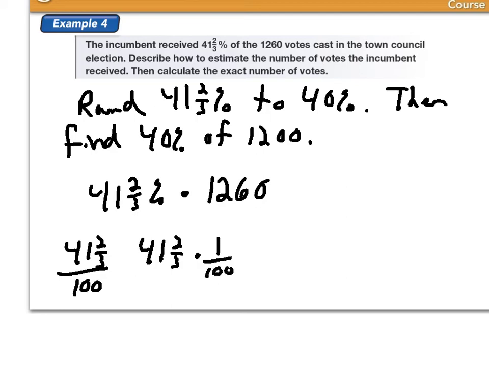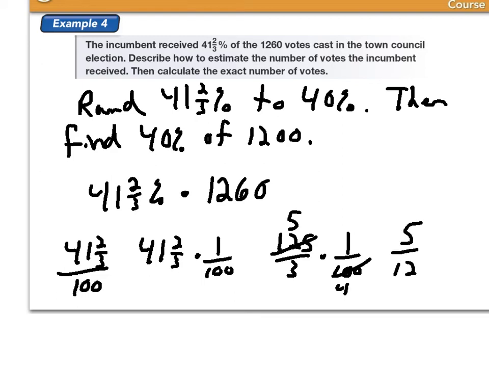And 41 2/3, well, 41 times 3 is 123, plus 2, that's 125 over 3 times 1 over 100. We can cross cancel, because I know that 25 goes into both of these. 125 divided by 25 is 5. 100 divided by 25 is 4. And if we multiply across, 5 times 1 is 5, and 3 times 4 is 12. So 41 2/3% is the same as 5/12.